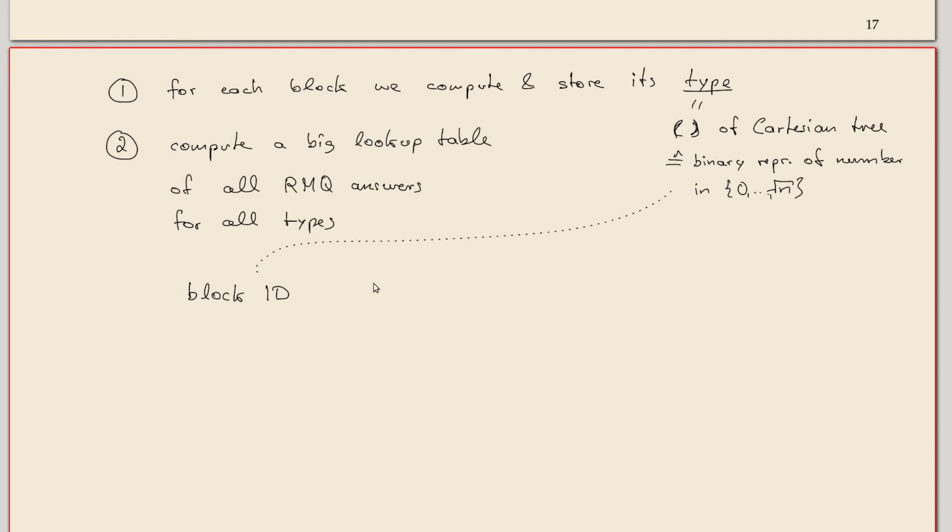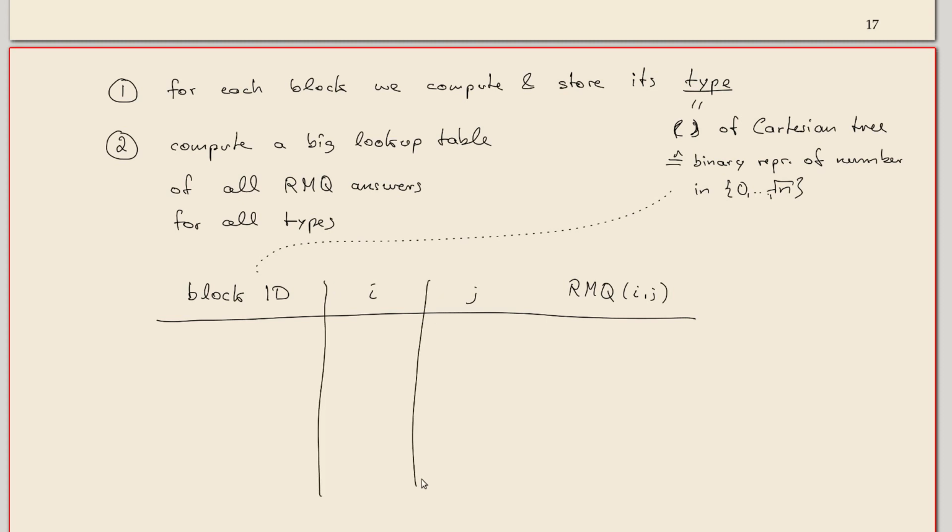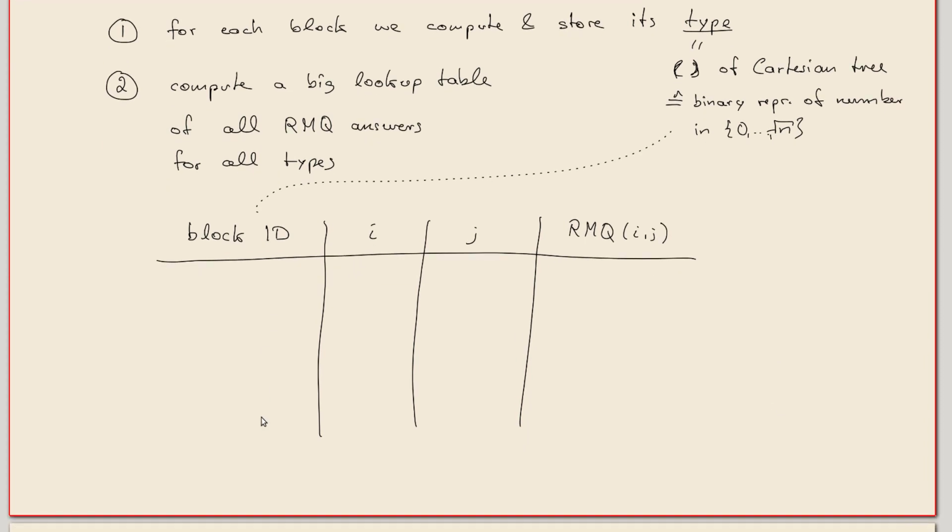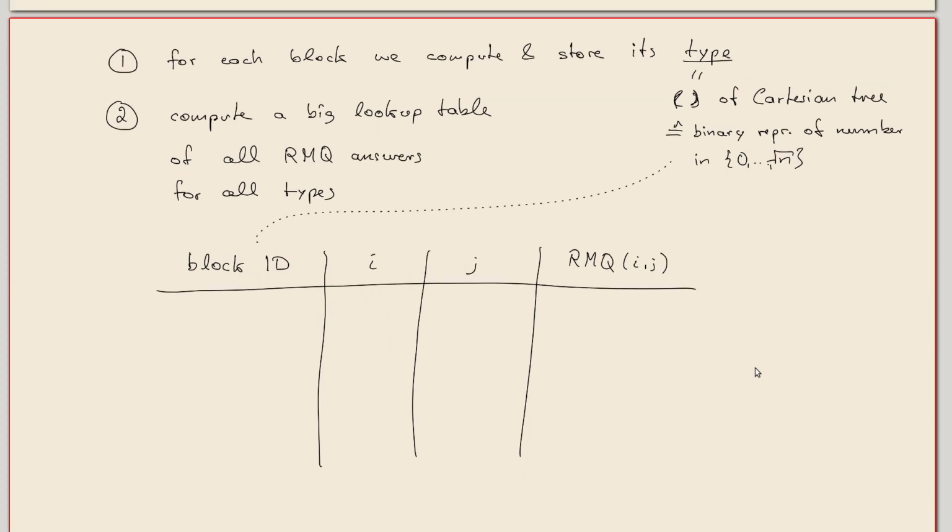And then we will have an index i and an index j. And the last column tells us the index of the range minimum in that range. And that will be filled during the pre-processing by just going through all possible block IDs, decoding it as a tree, filling in that block ID.